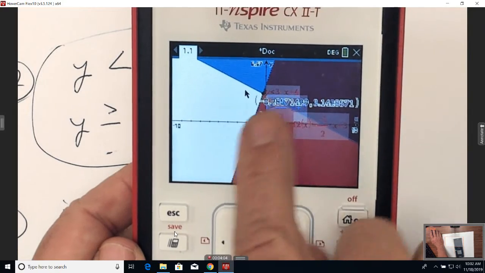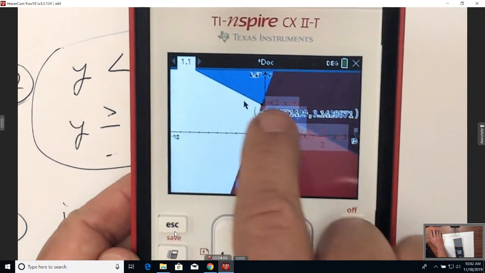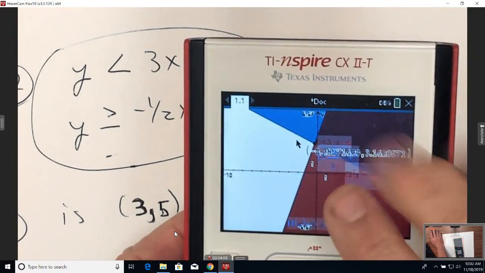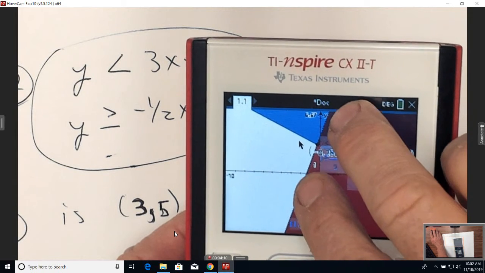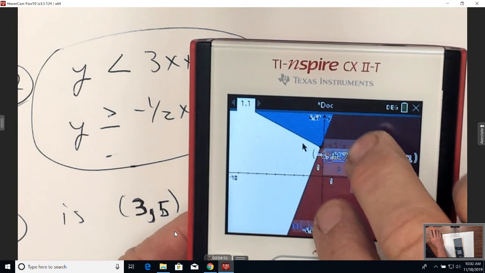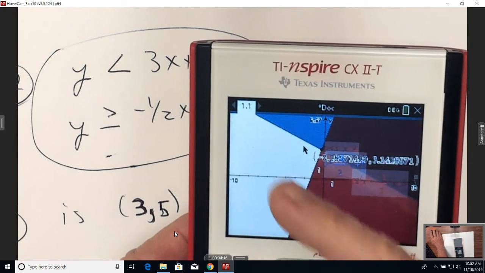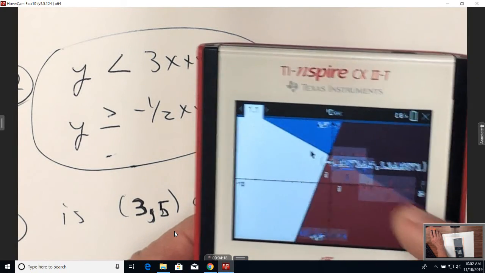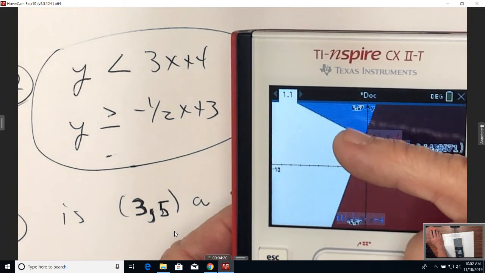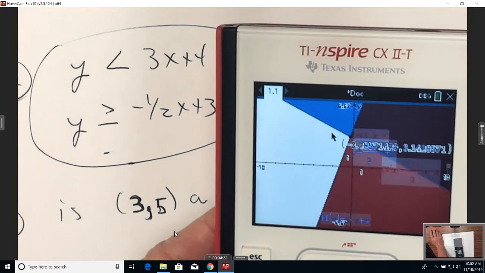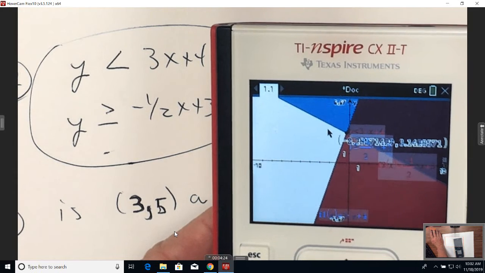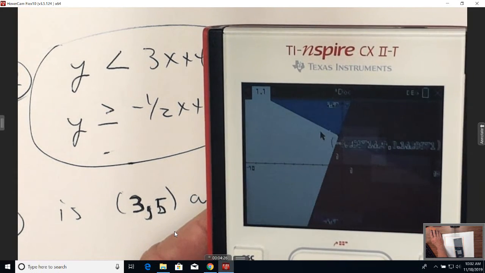So what happened is when I graphed my first one, which is y is less than 3x plus 4, I graphed that inequality and then I shaded in the values that were below that. And also, when I graphed my other one, which is negative 1/2 x plus 3, I shaded in the values that were greater than or equal to that. And so wherever they overlap is the solution.